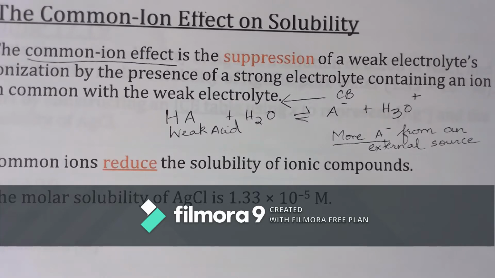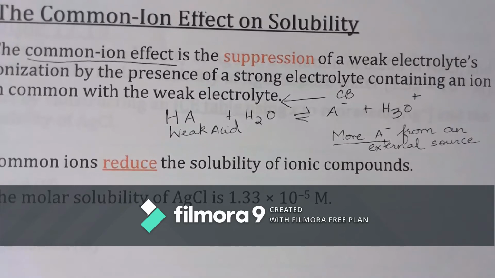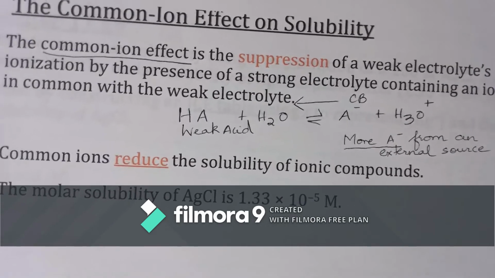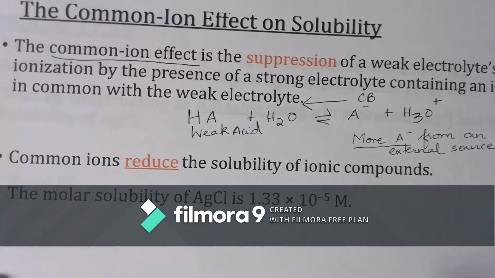You may want to go back to the slides from the beginning of this chapter where we talked about the common ion effect. I think that was the first section, and we talked about an example like that, and we also did calculations to see how the equilibrium is shifted to the left. So the common ion effect is the suppression of a weak electrolyte's ionization.